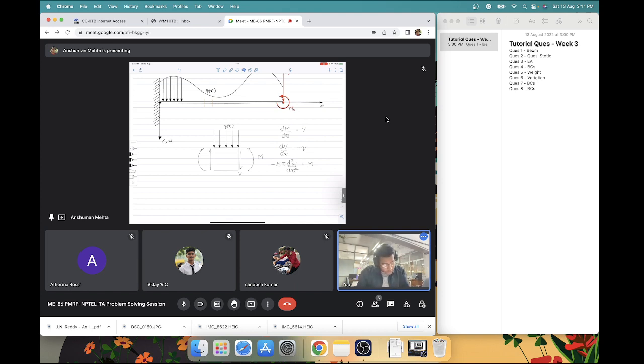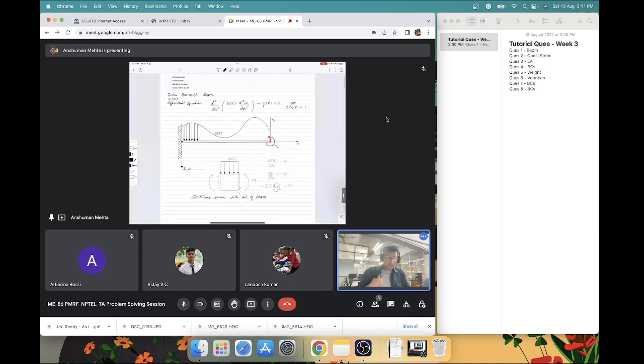So this is a cantilever beam with a set of loads. This is our whole picture.